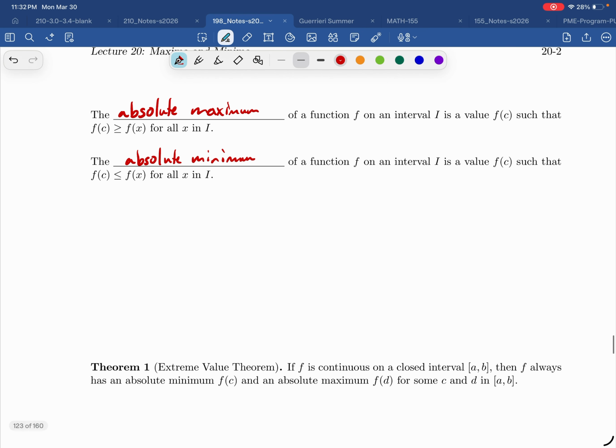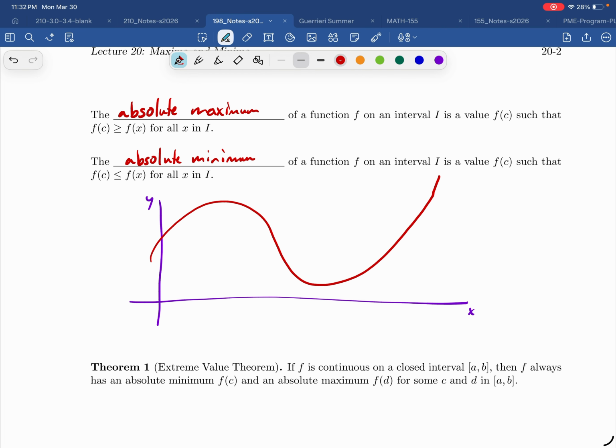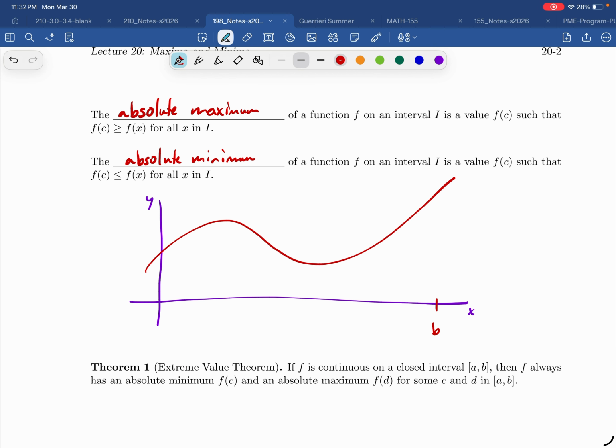So let's come up with another example. If we have some kind of a graph right here, something like that, and we'll say the interval is from A to B. So we don't actually care about the stuff before.